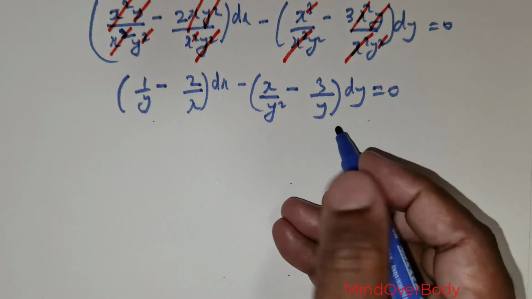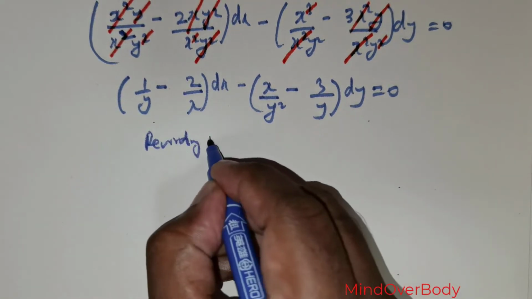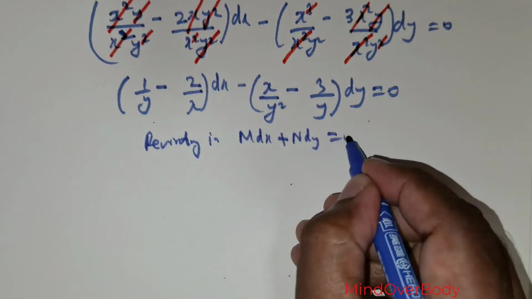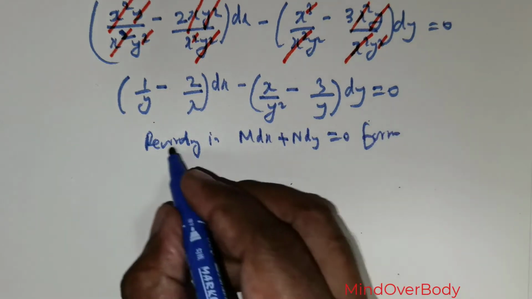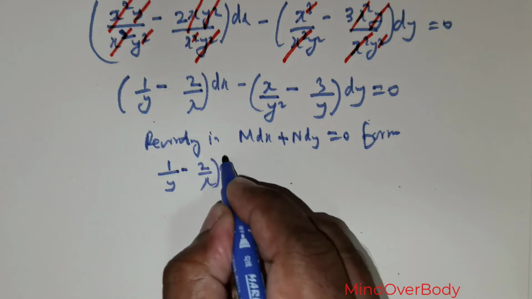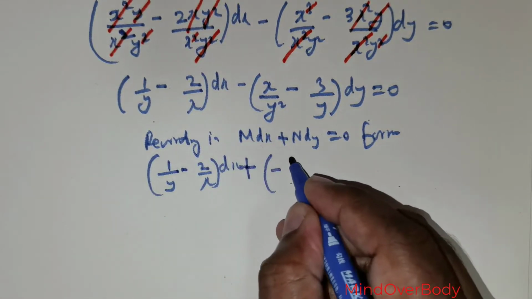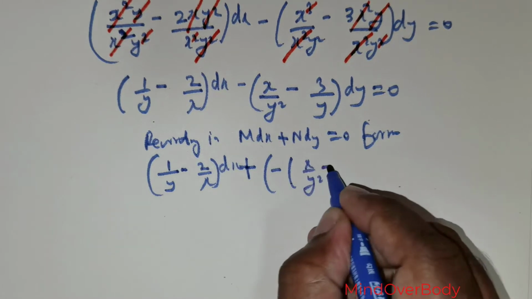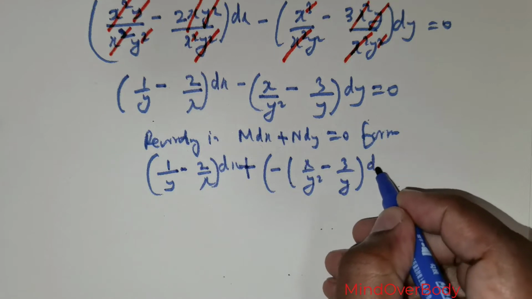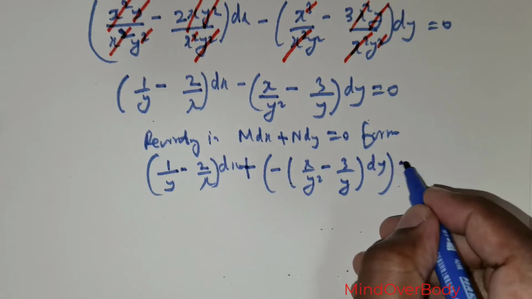Now I can rewrite this in the M dx plus N dy is equal to 0 form. So it's going to be (1 over y minus 2 over x) times dx, plus negative of (x over y squared minus 3 over y) times dy, is equal to 0.